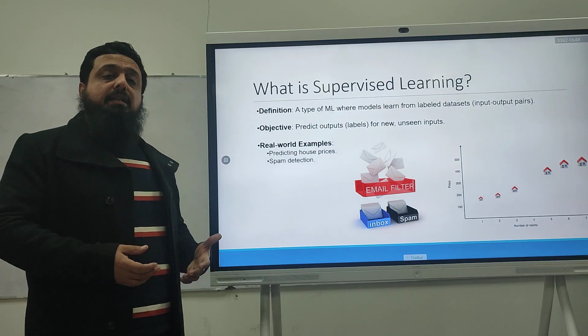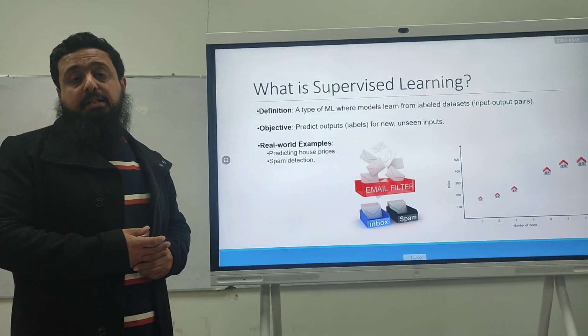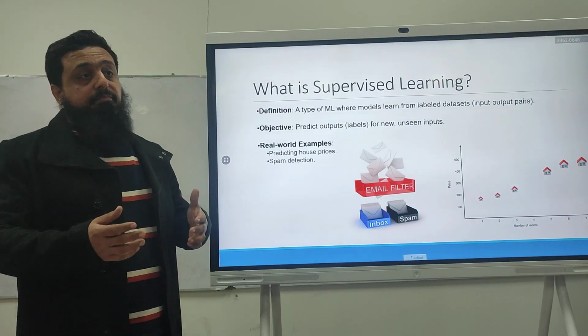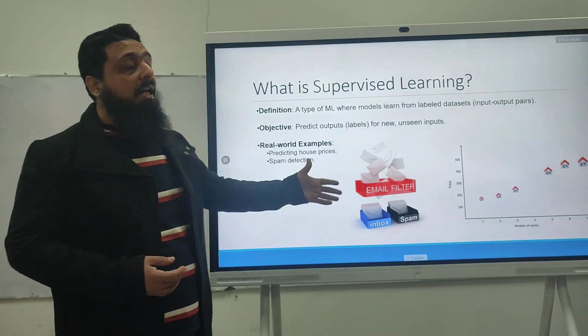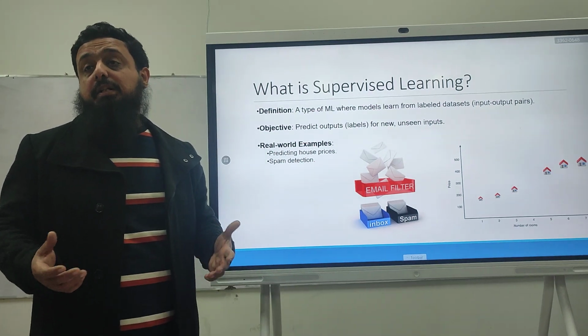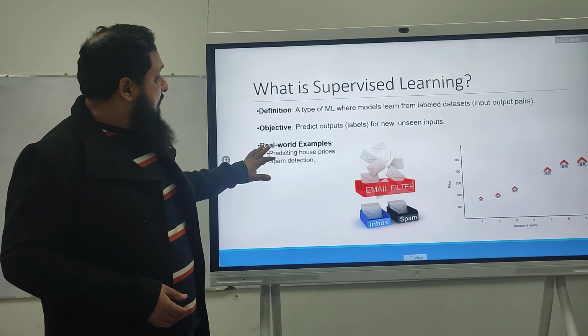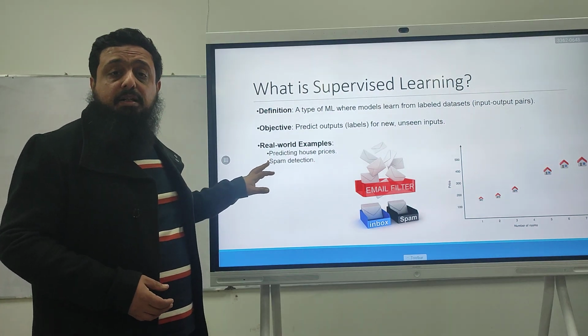Then we provide new data which is previously not seen by the model, and it tries to predict the class or a specific number. Supervised machine learning has different types that we will study later on. So there are some real life examples where supervised learning can be used.